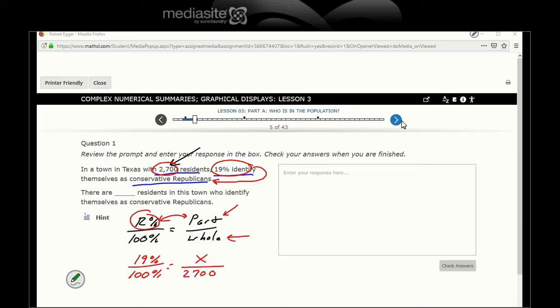Okay, and I'm going to show a quick shorthand algebra here to find x. And what we're going to do is cross multiply on the diagonal where we have numbers. So basically this would be 19 times 2,700. And then we're going to move the vertical.